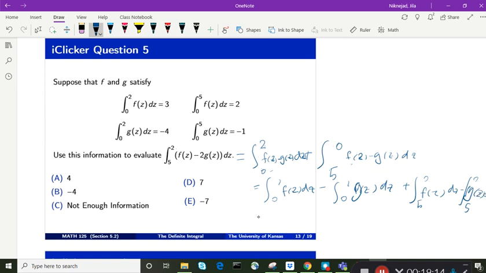Now, this first one is what? The first one, 0 to 2 of f of z dz, is 3.